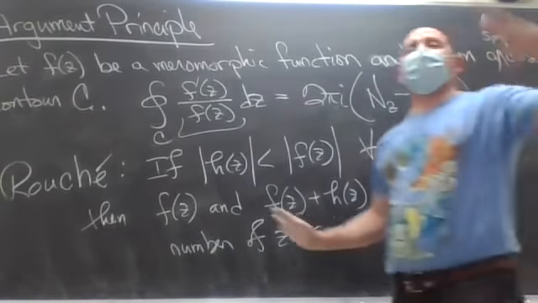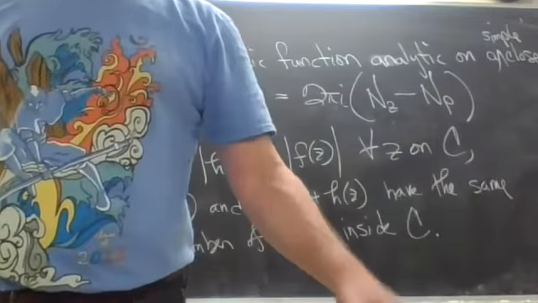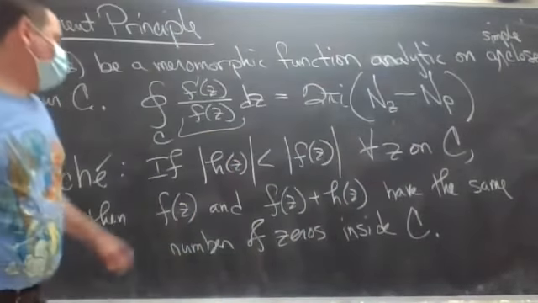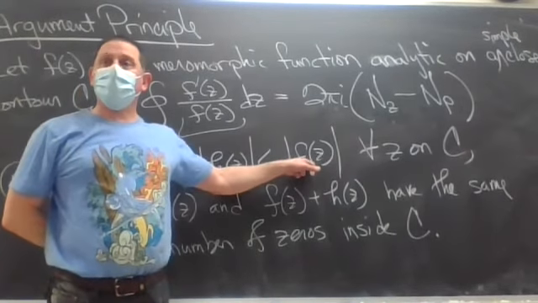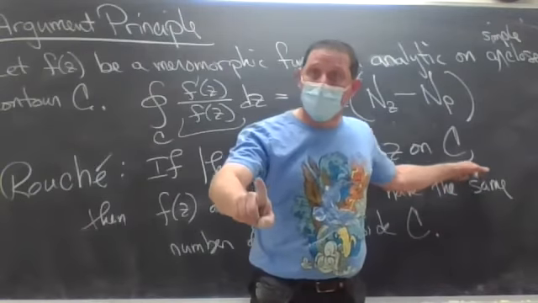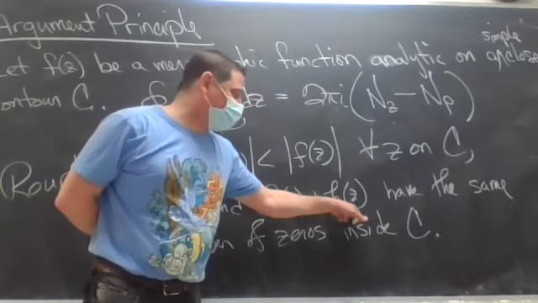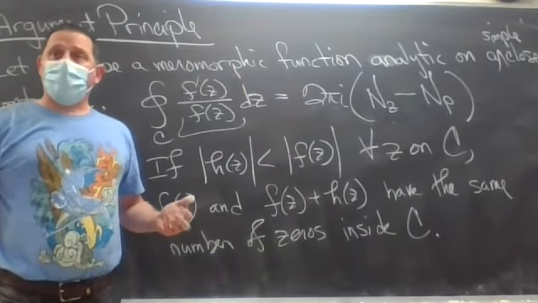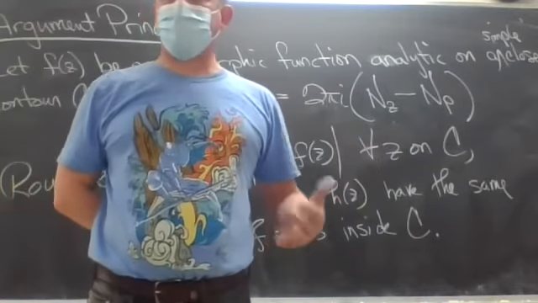So Rouché is only going to use analytic functions. He's going to say, you know what, let's just say that the number of poles is 0. All right, they're analytic. And then he says, if h of z is always less than f of z in modulus on my contour C, it doesn't have to be true inside, just on, then f of z and f of z plus h of z have to have the same number of zeros inside C.